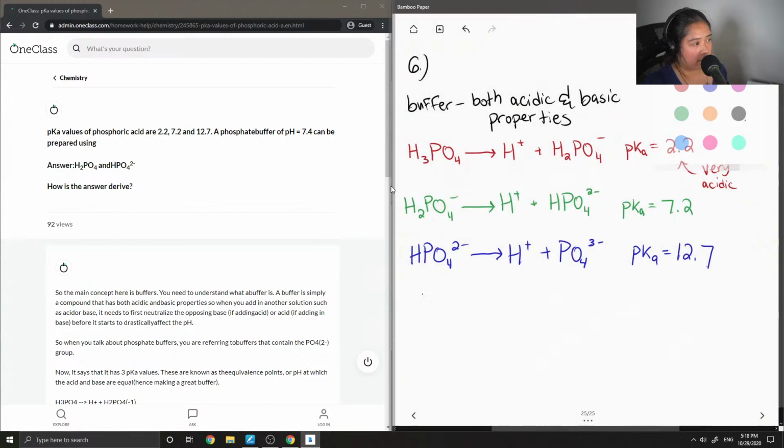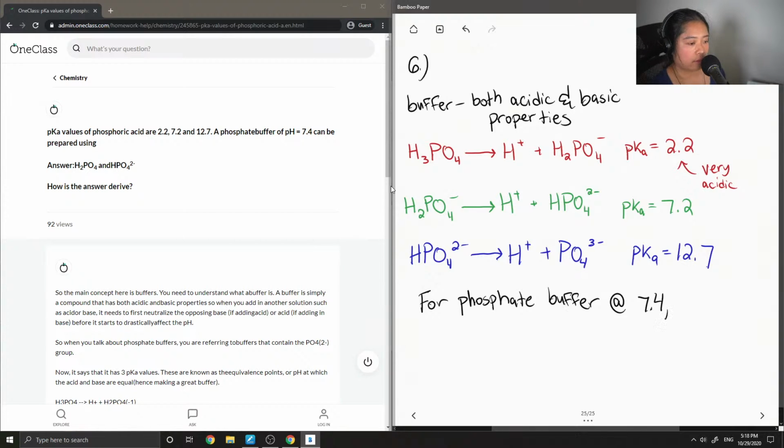So to answer the question, when you want to create a buffer that has a pH of 7.4, we're going to need both H2PO4 minus and HPO4 2 minus, just to make it a little more basic.